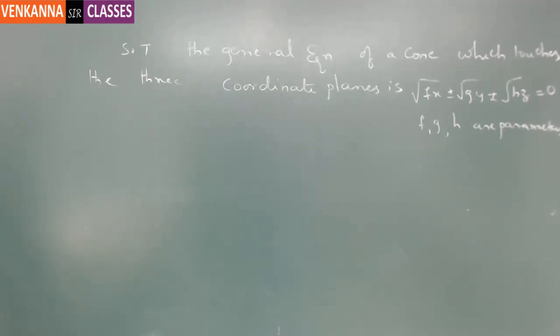The general equation of a cone which touches the three coordinate planes is root fx plus or minus root gy plus or minus root hz equal to 0, where f, g, h are nothing but the parameters.